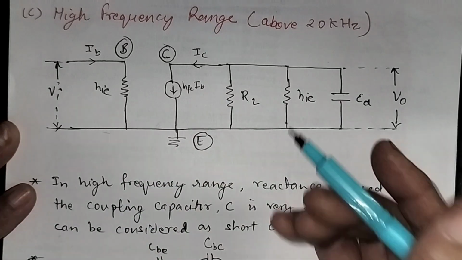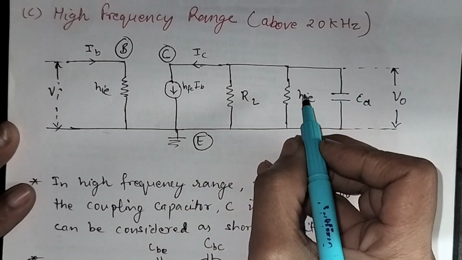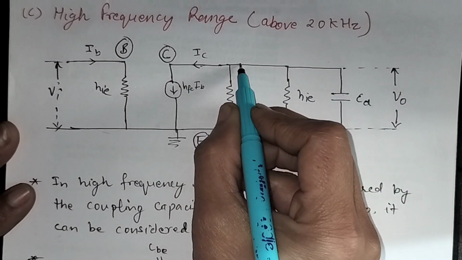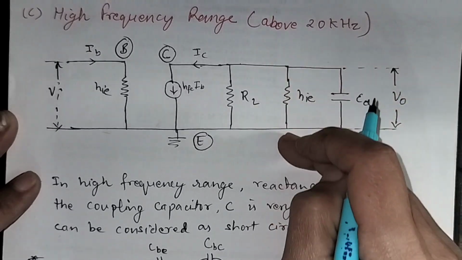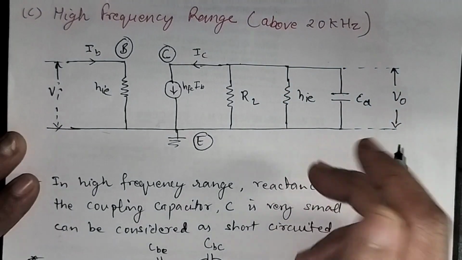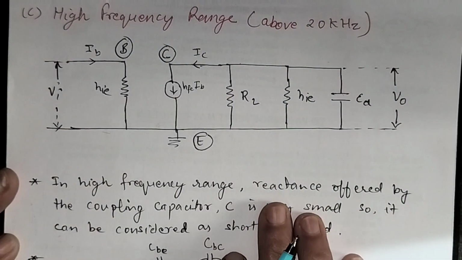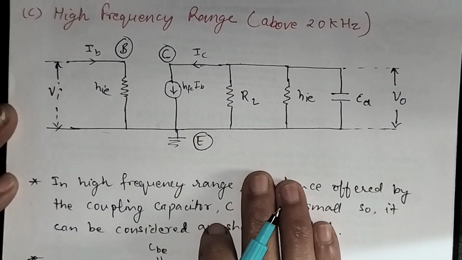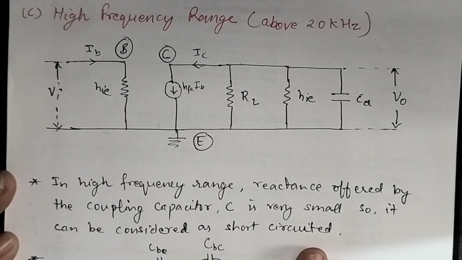We can see here we have not included the coupling capacitor between the output of the first stage and the input of the second stage. So we have neglected the coupling capacitor because the reactance offered by this coupling capacitor at high frequency range is very small, so it can be considered as short circuited.